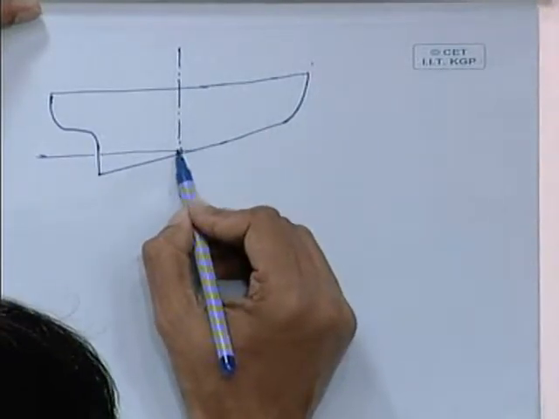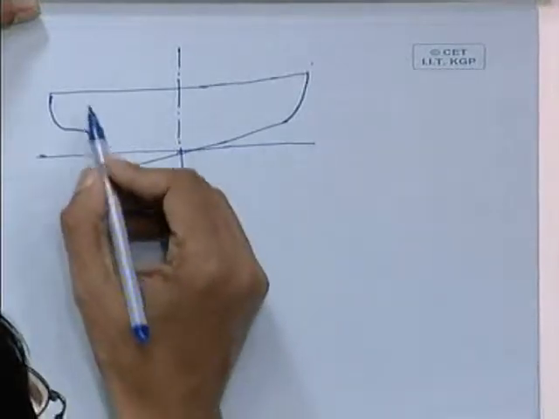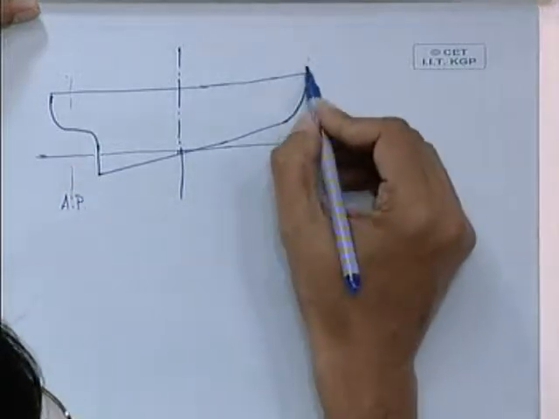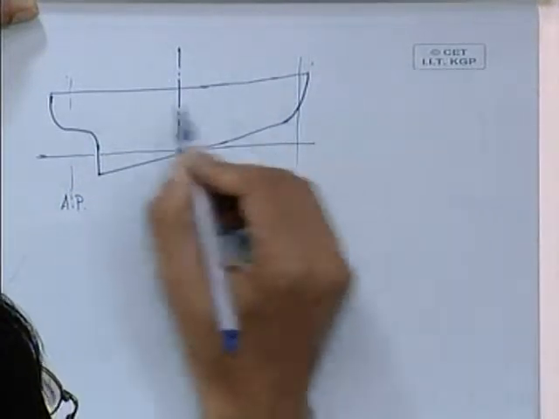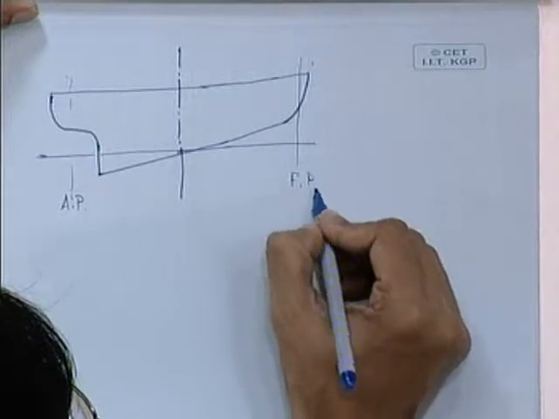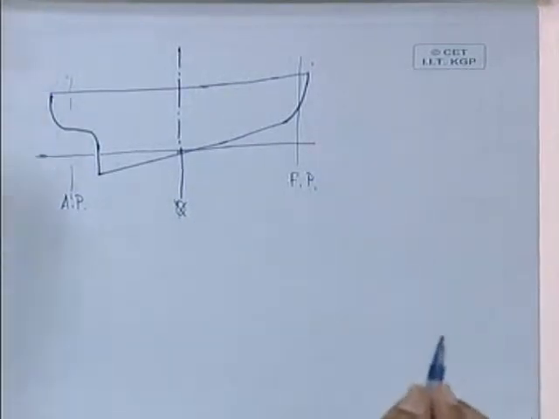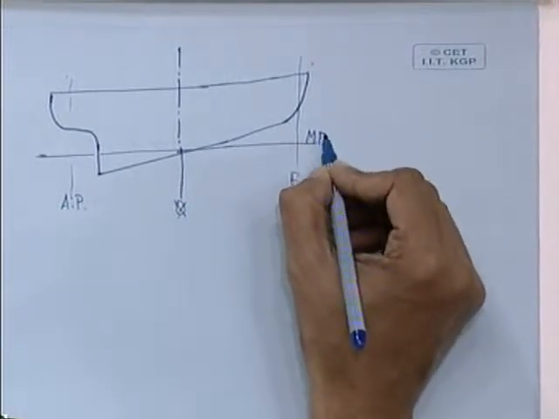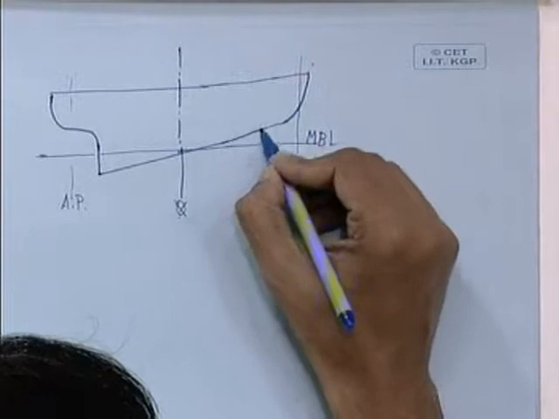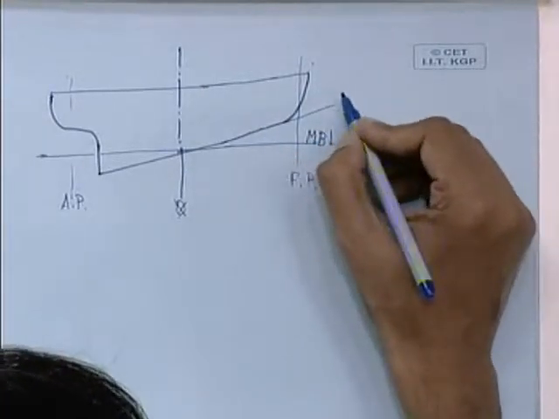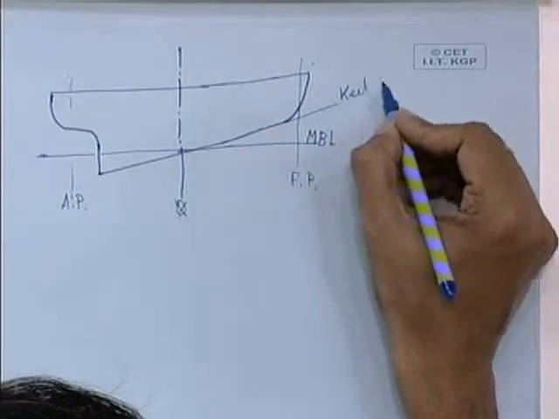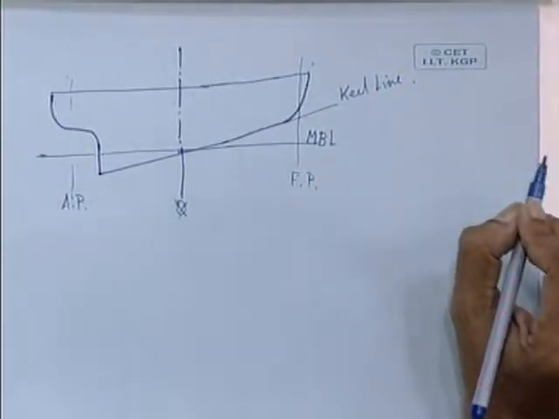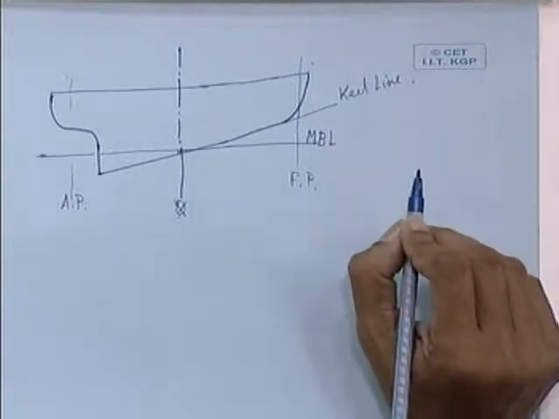Sorry, this will cross somewhere here at midship. So this is your molded baseline, and this is your keel line. Now this rake of keel, I think it has not been mentioned here.